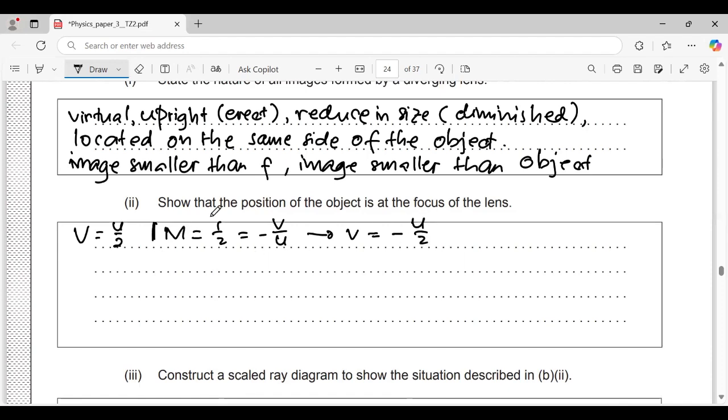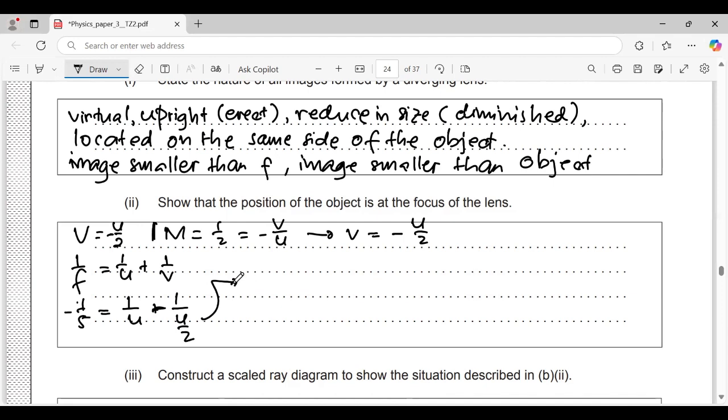Now substitute this into the equation. So it's going to be minus 1/5 equals 1 over u plus minus 1 over u half.